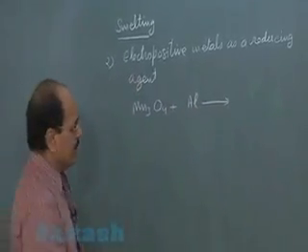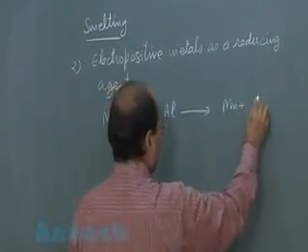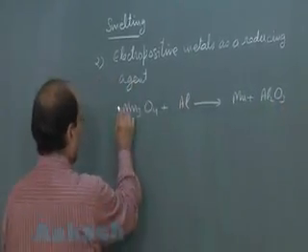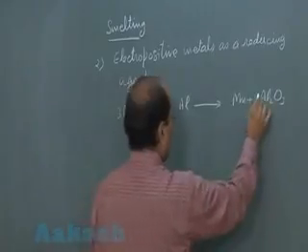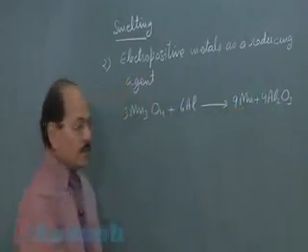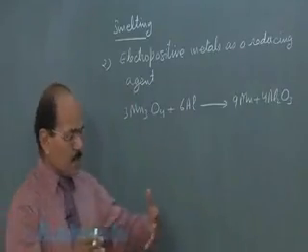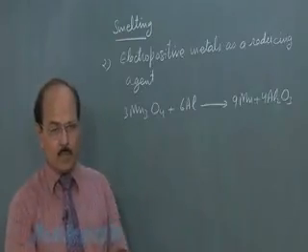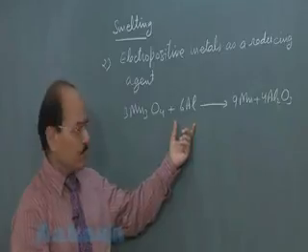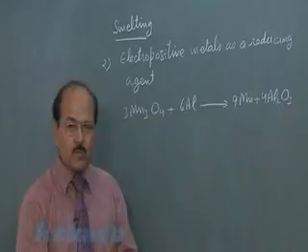Mn3O4, when heated in presence of aluminium, aluminium is oxidized to aluminum oxide. The whole process is called aluminothermic process. The oxide ore is mixed with aluminium and heated. Aluminium gets oxidized to aluminum oxide and metal oxide is reduced to metal.